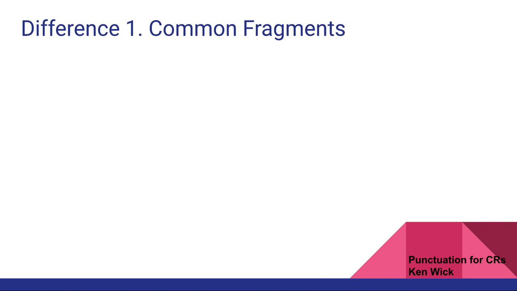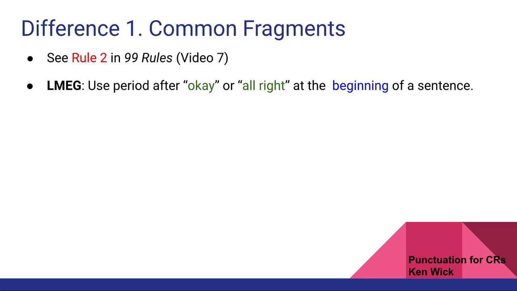So difference number 1, and this is in order by my rules in the 99 essential rules, not in any particular order. So rule number 2 in that book, which is video number 7 if you want to reference that, I'm going to call common fragments. LMEG says to put a period after okay and all right at the beginning of a sentence.